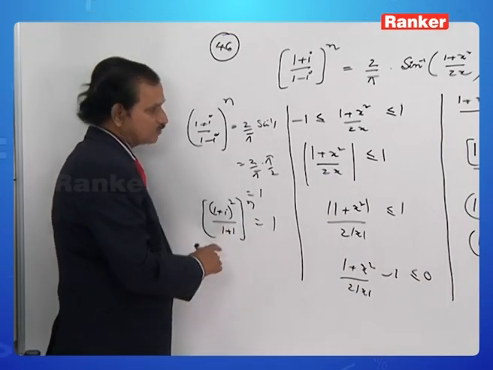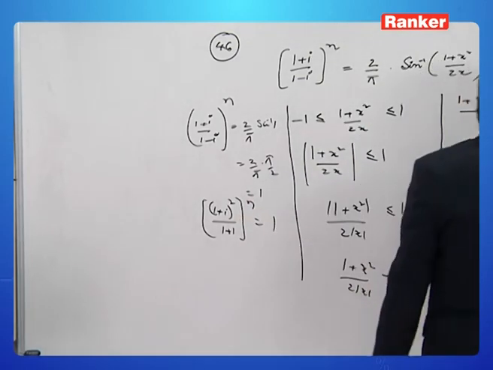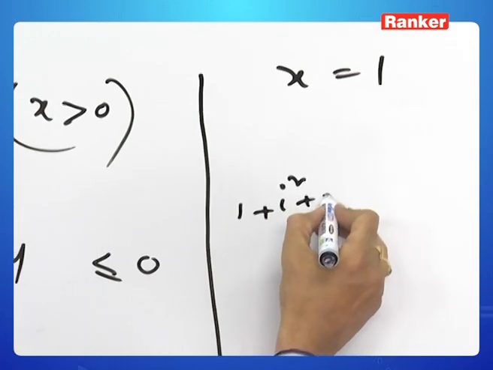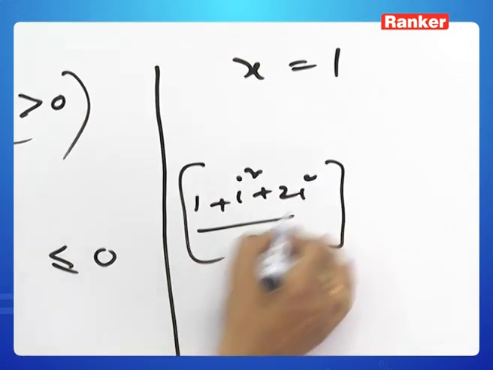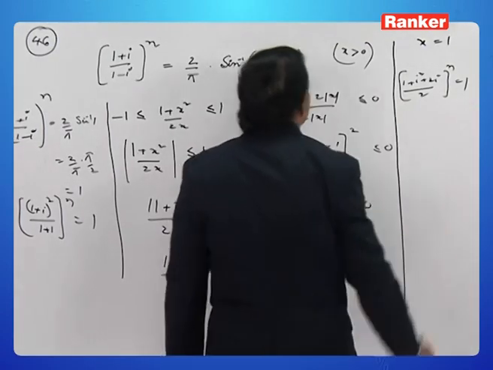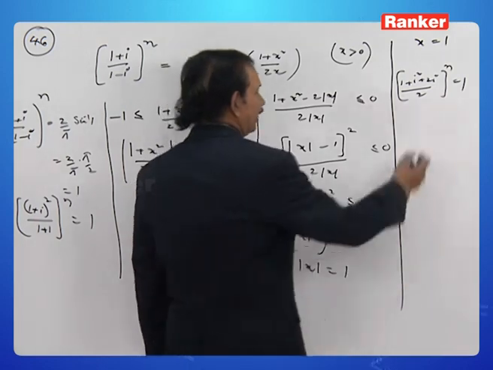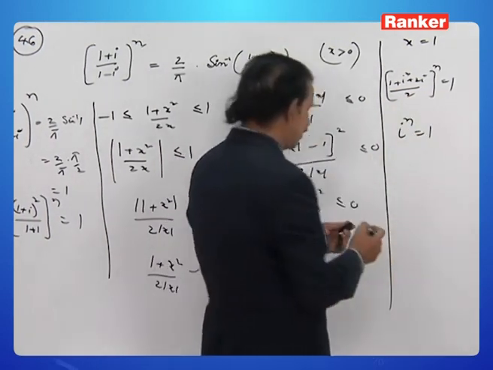What is 1 plus i whole square? 1 plus i square plus 2i, by 2, whole to the power of n is equal to 1. What is i square? Minus 1. 1 and minus 1 go away. 2i by 2 is nothing but i power n is equal to 1.